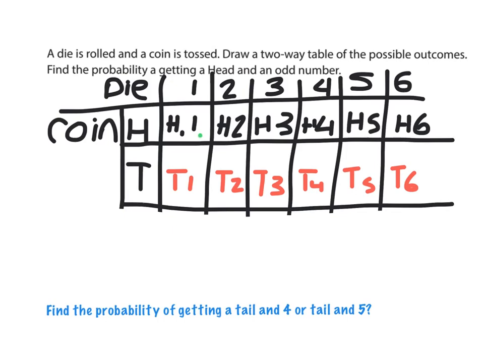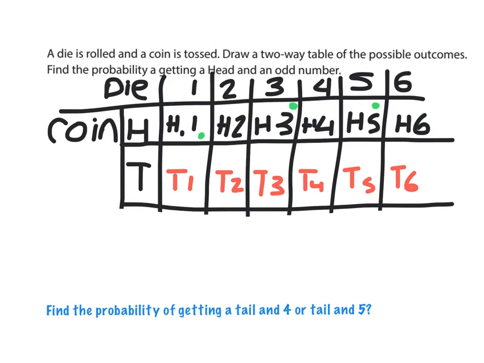It is. Head 2, is 2 an odd number? No. Head 3, yeah. Head 4, no. Head 5, yes. Head 6, no. Tail 1, no, no head. Tail 2, tail 3, tail 4, tail 5, tail 6, no, because they don't have heads. So, I have 3 options where there's a head and an odd number.